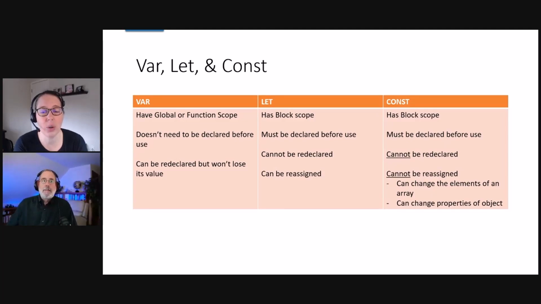Exactly. So in walk let and const, and they've been around for quite a while, and they are both what's called block scoped, and so we'll see what that means when we get into our demo. But essentially, it's a more narrow scope where the variable exists, and in both the let and const cases, they've fixed that issue of not having to declare that variable before it can be used.